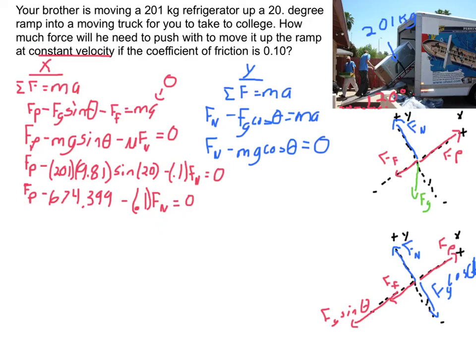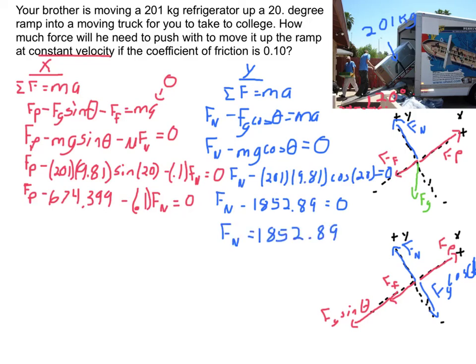And of course, every time you say that to yourself, you jump over to the y-axis, just like you normally do, because here's normal force. I hit a brick wall, so I jump to the next axis. So let's start substituting numbers in there and solving. Once I substitute numbers in for mg cosine theta, I get 1,852, so normal force is going to equal 1,852.89. Great.